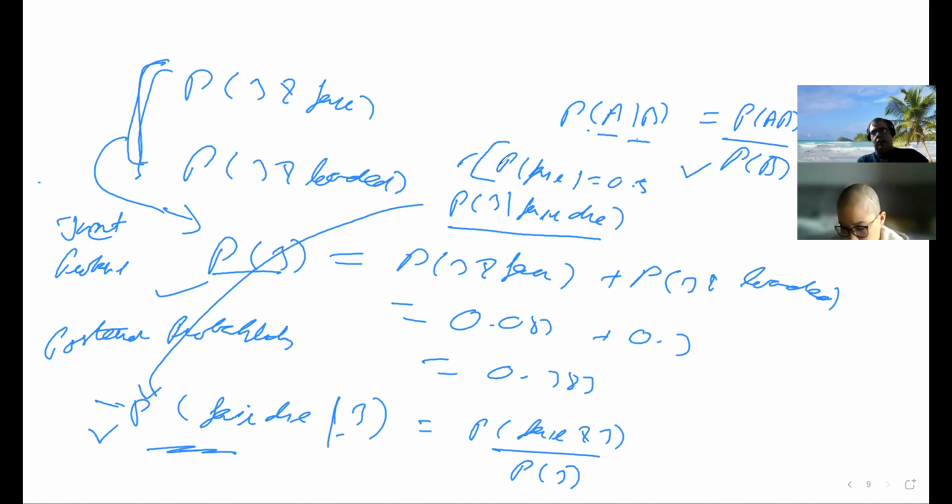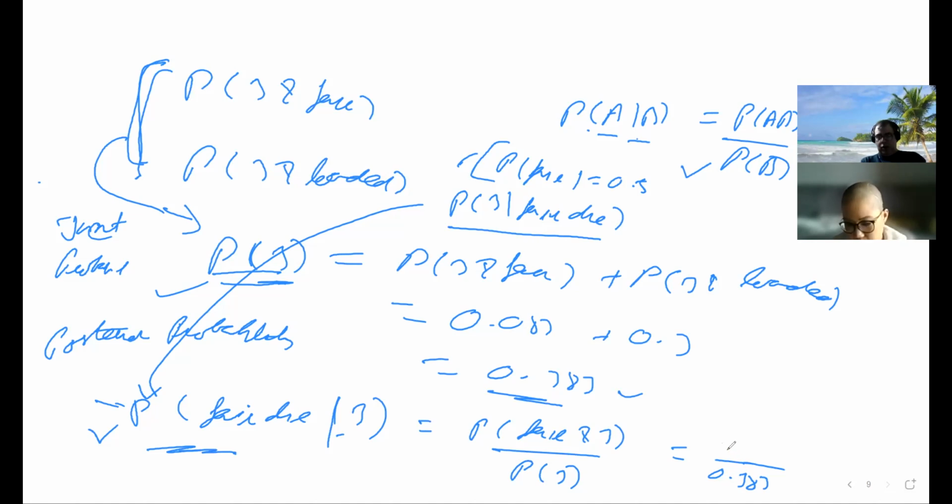Okay, right? So see, you have found P(3), which is 0.383. So the denominator will be 0.383.